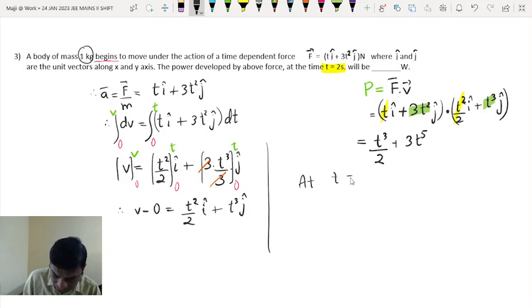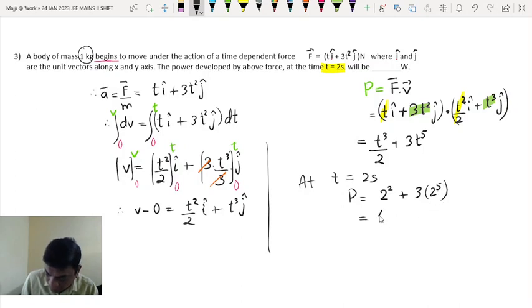So at t equal to 2 seconds, instantaneous power will be 2 cube by 2, so this is 4, and here 3 into 32.